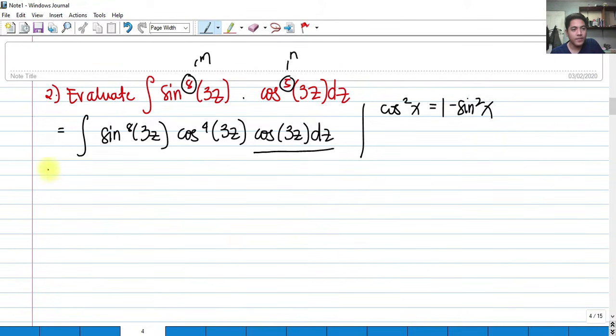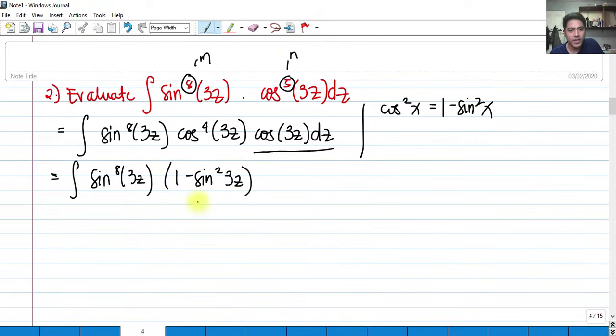In this case, I can simply substitute this. So we have sine raised to 8 of 3z, and since the cosine is raised to 4, I have to have a 1 minus sine squared 3z, which replaces cosine squared 3z, and since it's raised to 4, this should have a square.